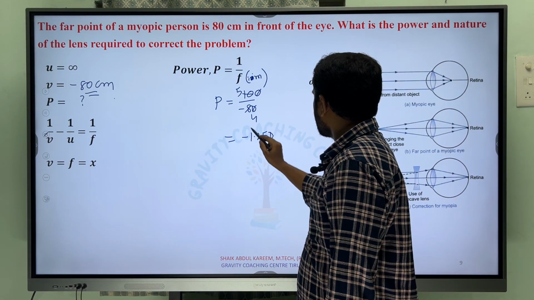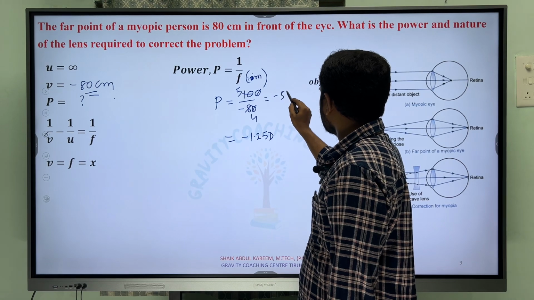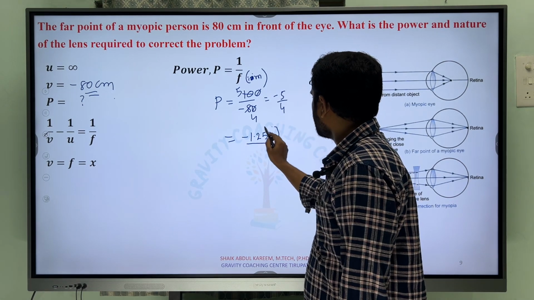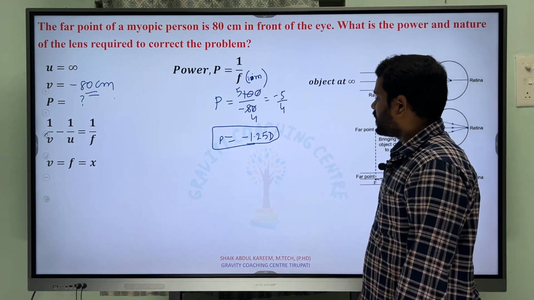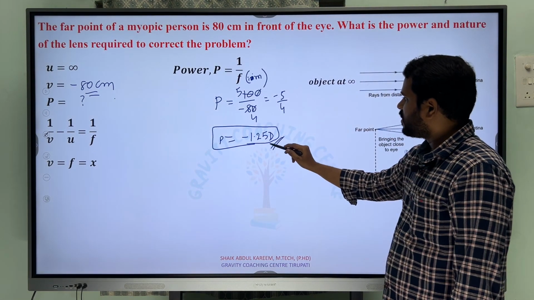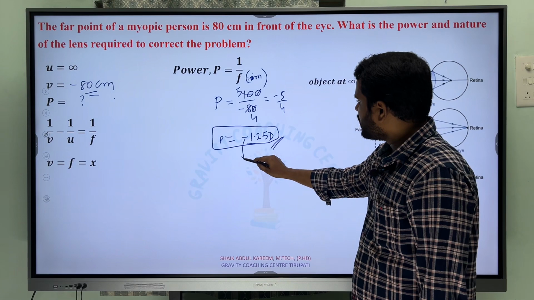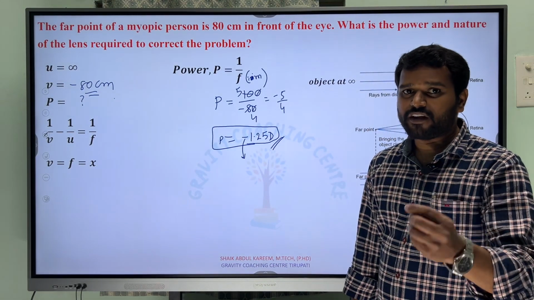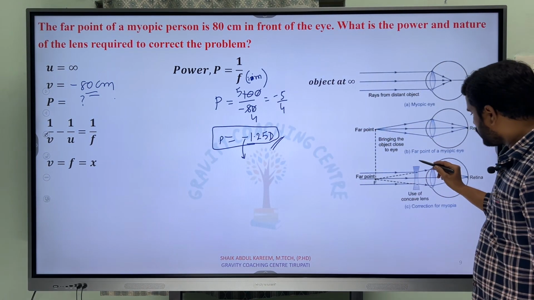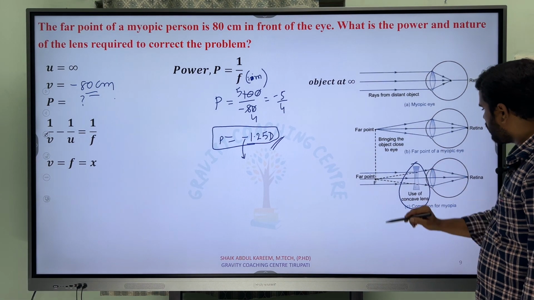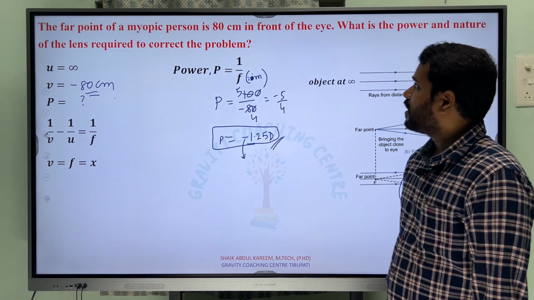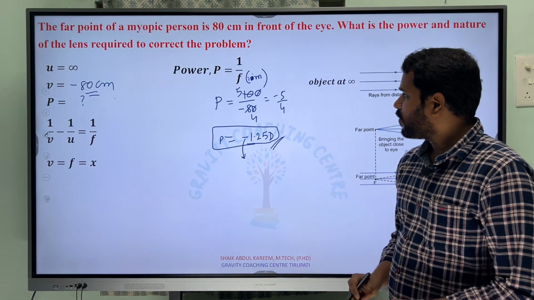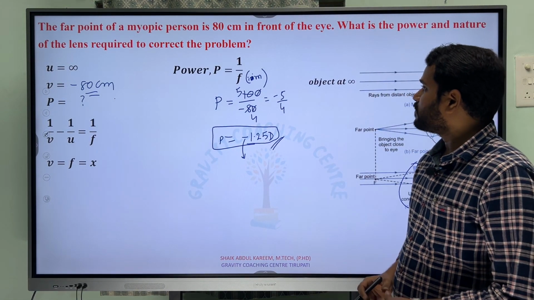If you divide 5 by 4, you will get minus 1.25 diopter. This is the power. Again, the power is negative. Whenever we have negative power, we have to use a concave corrective lens. Okay, this is how we can do the problem.